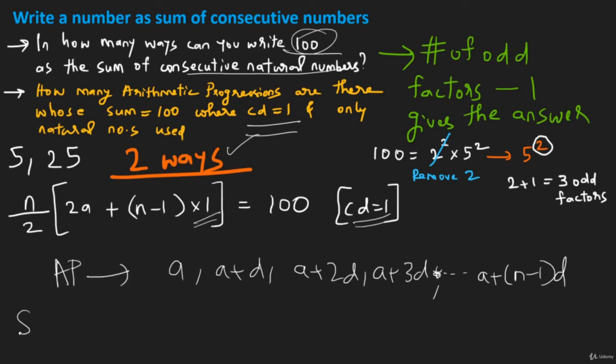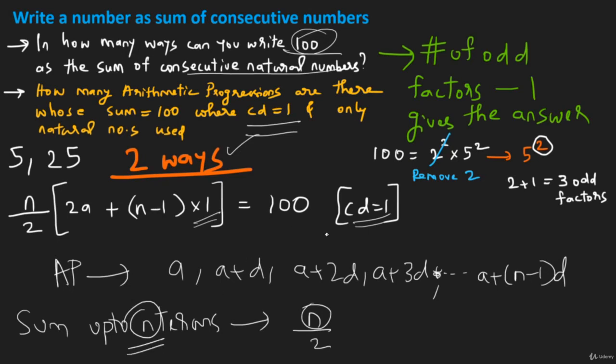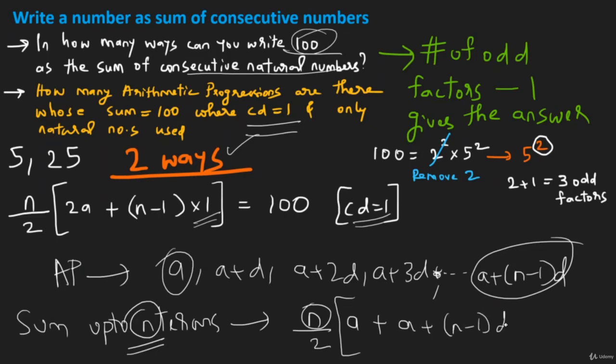Now if you want to find the sum up to n terms of an arithmetic progression, the formula is n by 2, that's the n over here, because you're finding it up to n terms. You have to do n by 2 into the first term plus the nth term. So over here you have a plus the nth term, which is a plus n minus 1 into d.